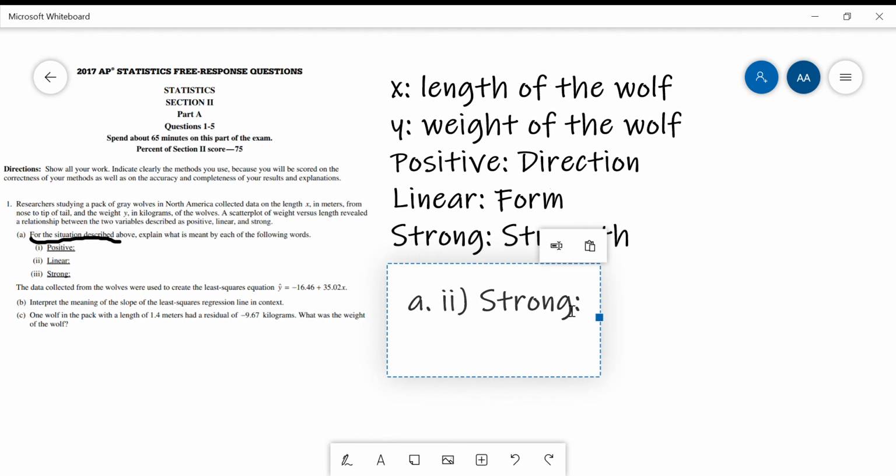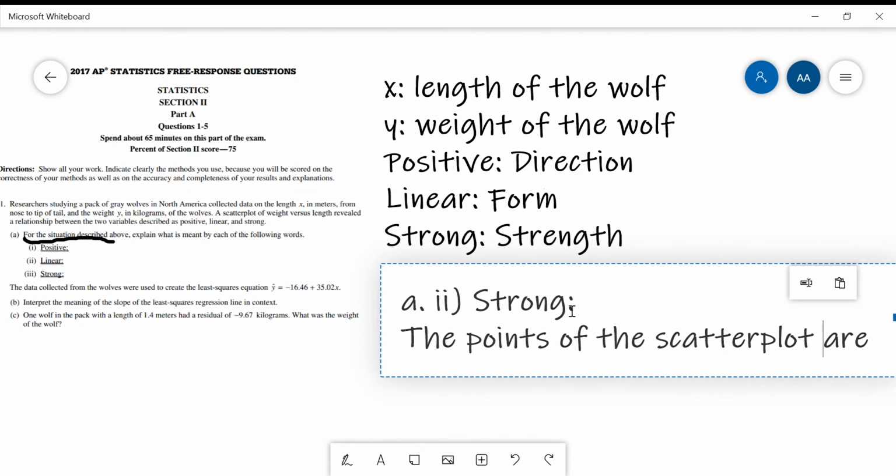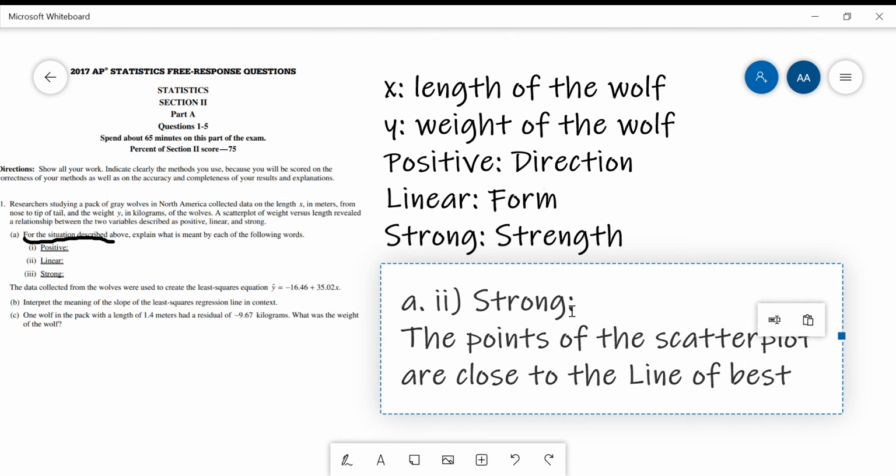Strong basically means that the points of the scatter plot are close to the line of best fit. So that's the basic definition of strong.